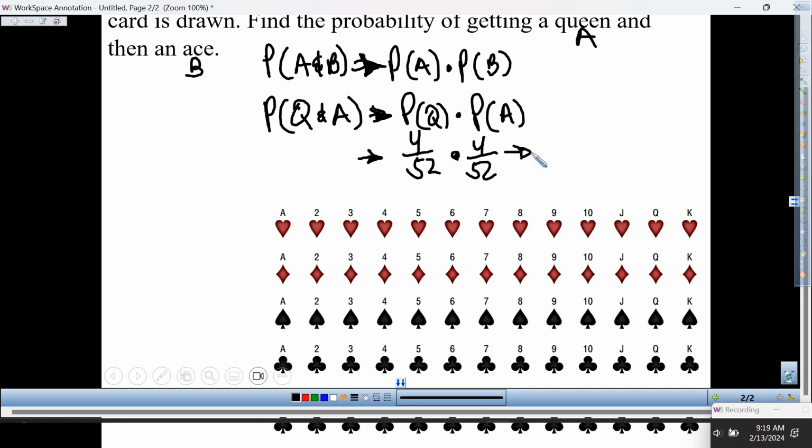So 4 times 4 is 16. 52 times 52, let's see, calculators. 52 times 52. Daisy, what'd you get? 2,704, and if we simplify this, that means if we divide by 16 top and bottom, should be 1 over 169.